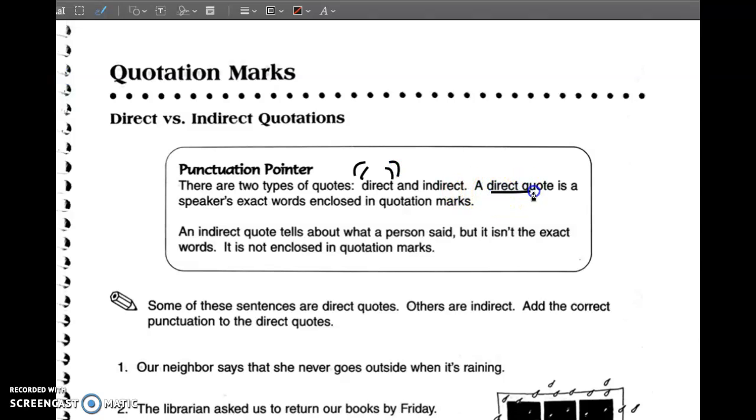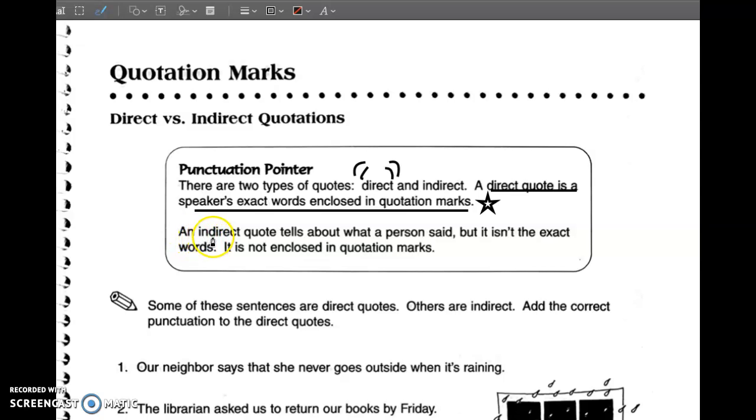Remember, a direct quote is a speaker's exact words in quotation marks. That is a very important thing that you need to remember. If we do not have the person's exact words there, then it is not a quotation, and we do not need quotation marks.